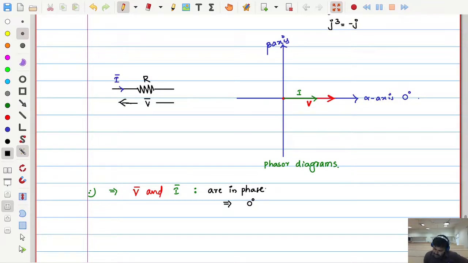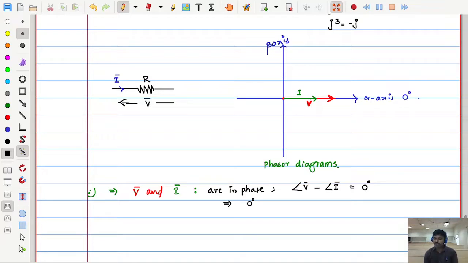In phase can also be said as the angle of the voltage phasor minus the angle of the current phasor is equal to 0. This we call the phase difference. So how much is the difference from the voltage vector, this arrow line, to the current line?